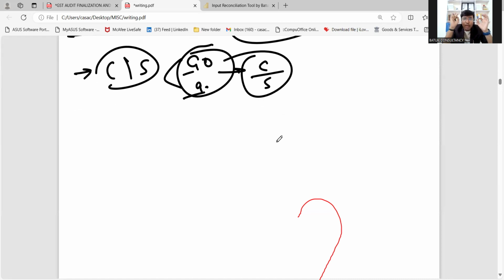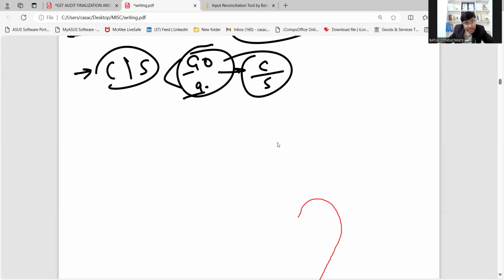So whenever you are doing the GST audit of a particular taxpayer, on a sample basis you just need to check the place of supply. For that purpose, what type of documents do we need to demand?